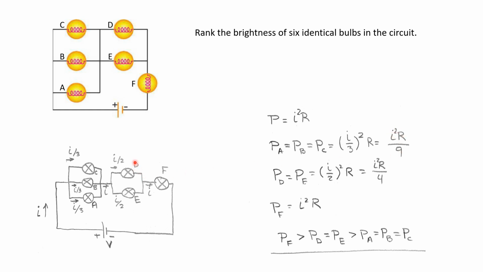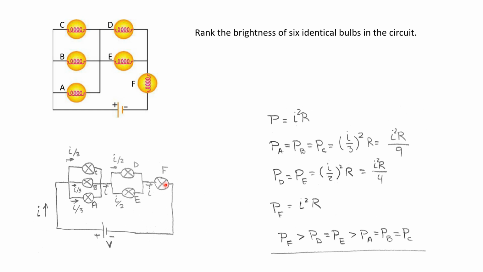We do the same thing for D and E. They again have the same powers, and it's I over 2 squared times R, which is I squared R divided by 4. The power of bulb F is I squared times R because the current in its entirety passes through F.